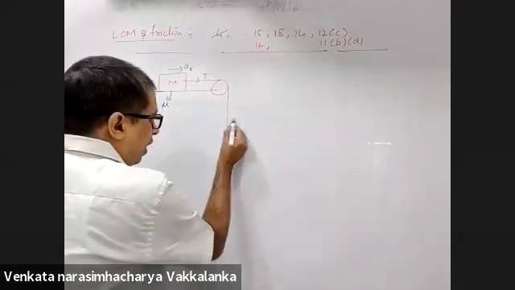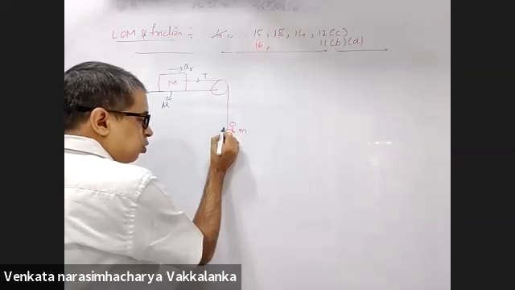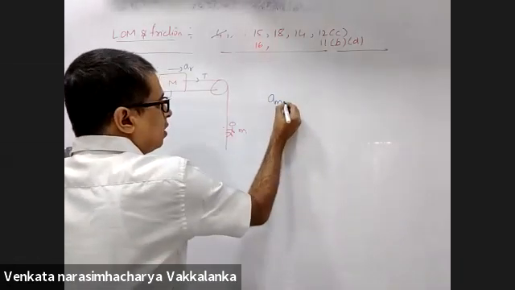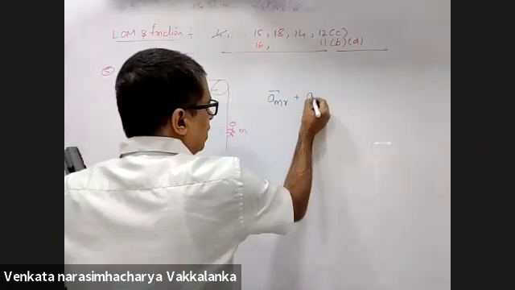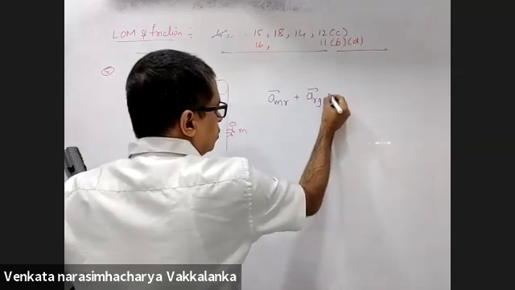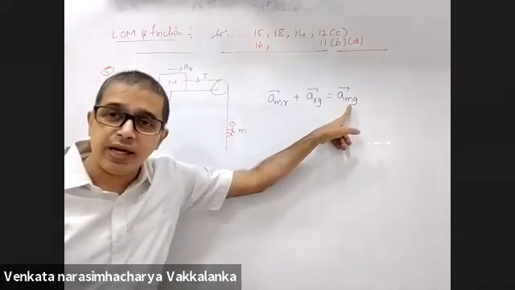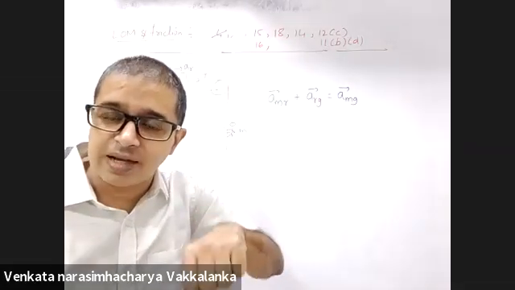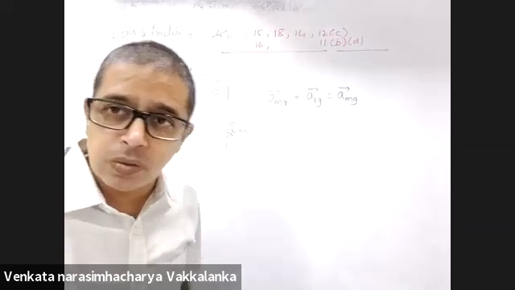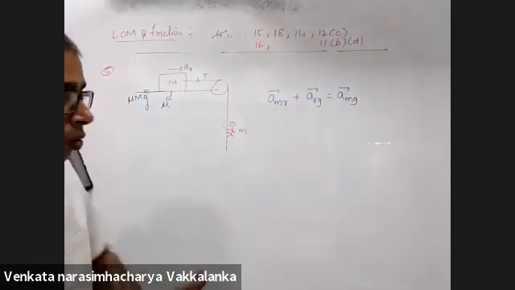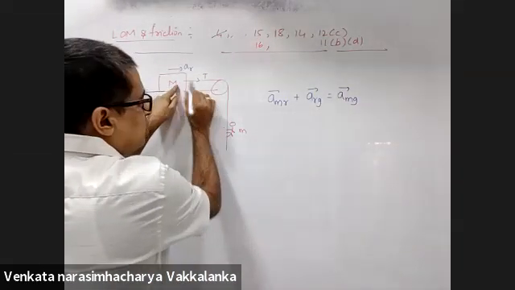So acceleration of the monkey with respect to the rope, plus acceleration of the rope with respect to ground, is acceleration of the monkey with respect to ground. I can apply Newton's laws only when the accelerations are with respect to ground.